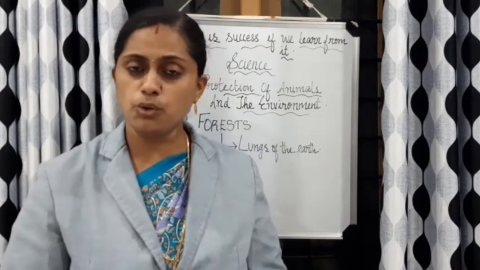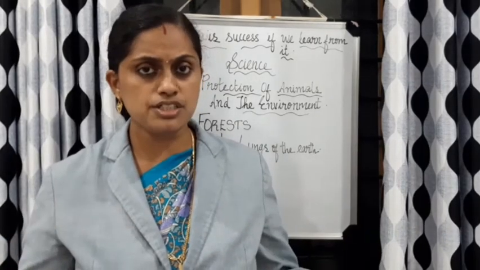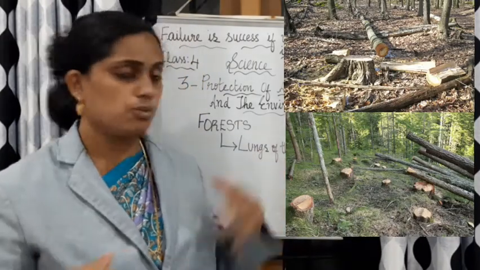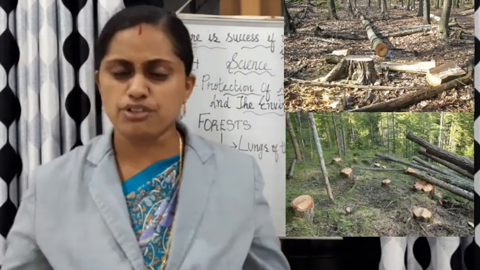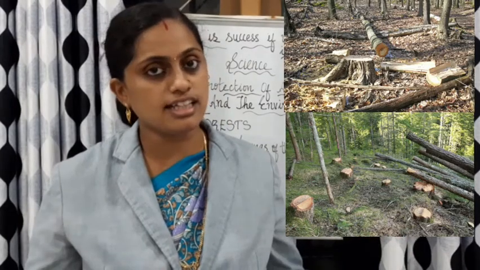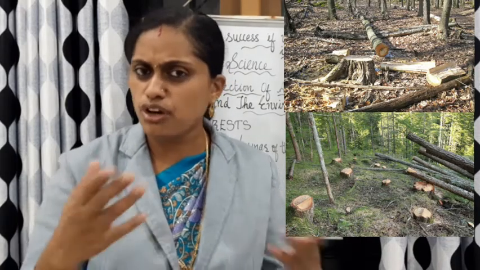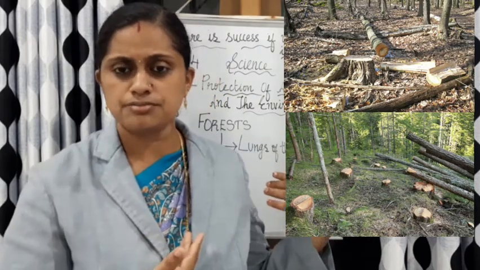But children, you know one thing. What is happening nowadays? The human population is increasing. Just see what is happening. Yes, forests are being cut down for constructing buildings, dams, and industries. Do you all feel that that is good?